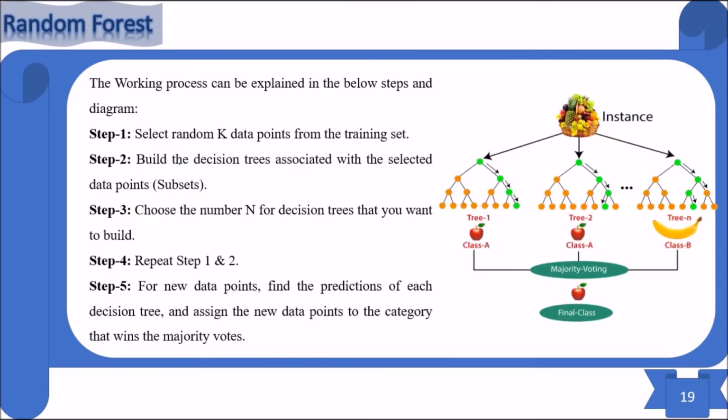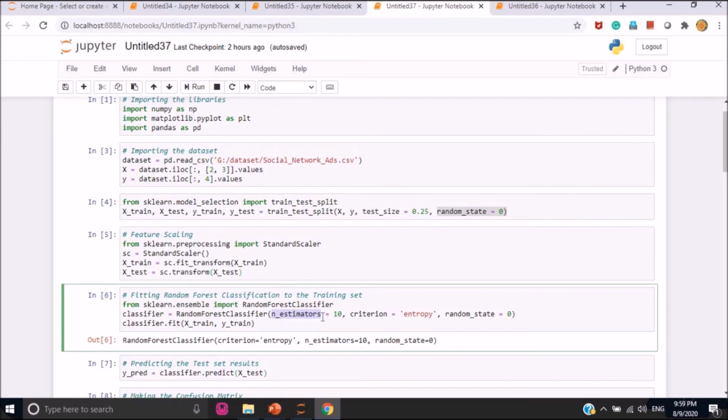The second step is to build the decision trees associated with the selected data points, and you have to choose the number of decision trees that you want to build. This step, step number 3, we have implemented here, that is n estimators equals 10, which defines the number of decision trees we want in the random forest.